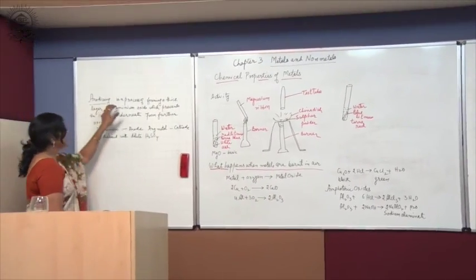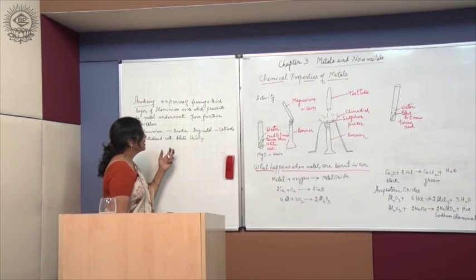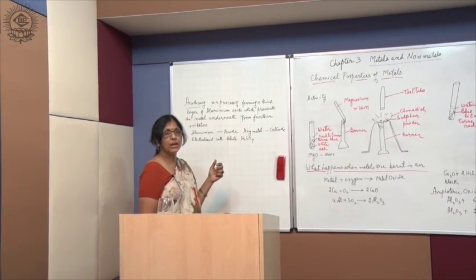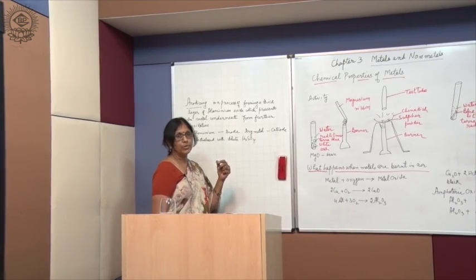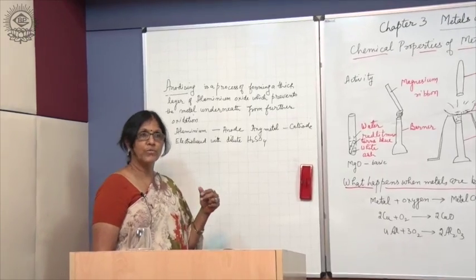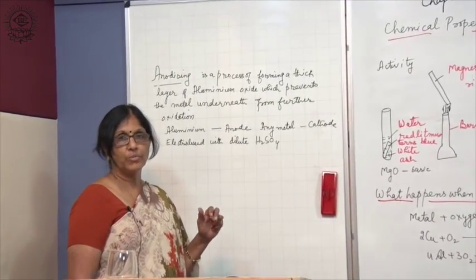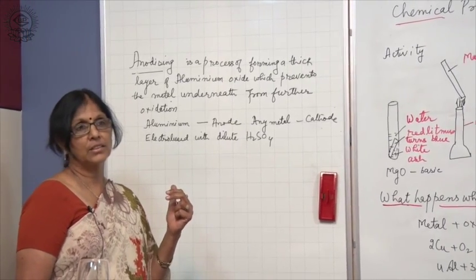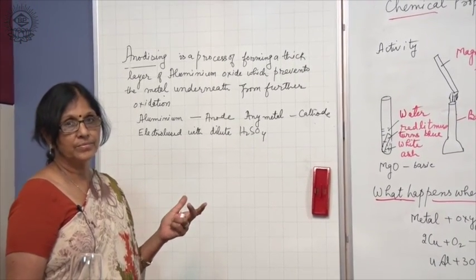Now, in anodizing, what is done? The aluminum metal is covered by an aluminum oxide layer, which prevents it from further oxidation, which prevents it from corrosion, which prevents the metal underneath from reacting further.